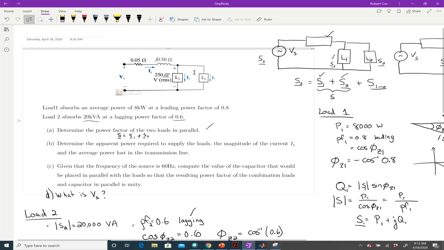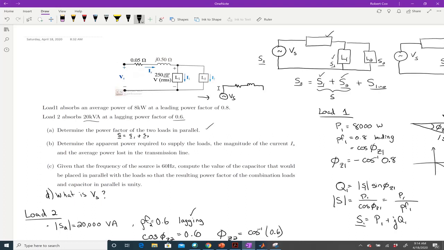I do know over here, I've combined this. Remember, here's V sub s, which we don't know. We have this impedance here, and we know that we've combined the loads and represented them by their combined complex power S. And I am told the voltage across here. So I can go back to my relationships.